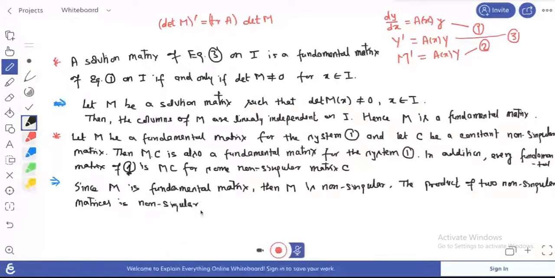So therefore this M into C is non-singular.